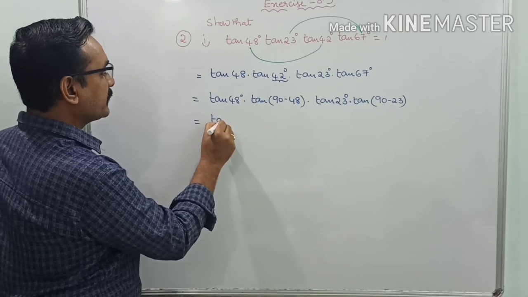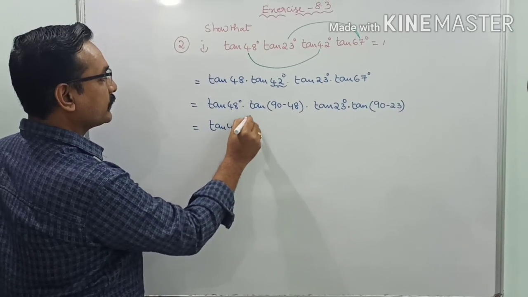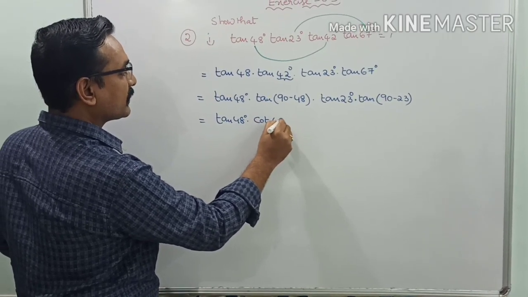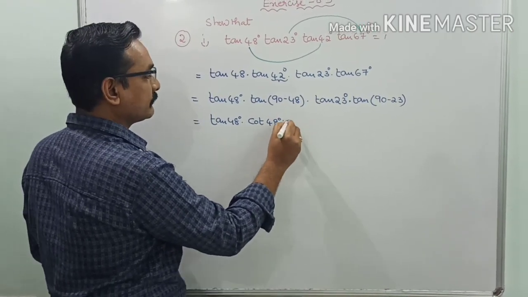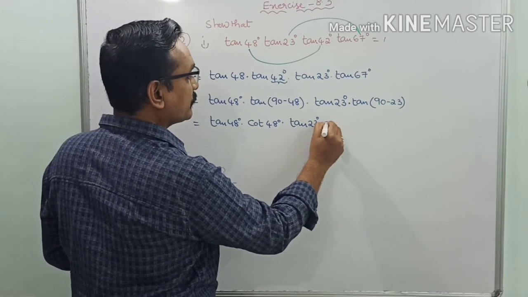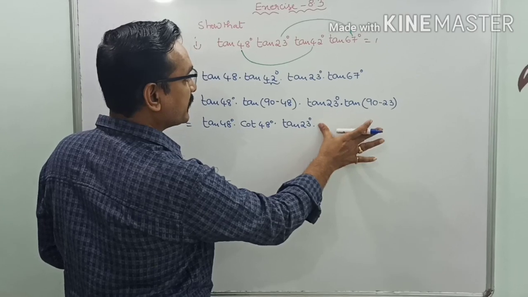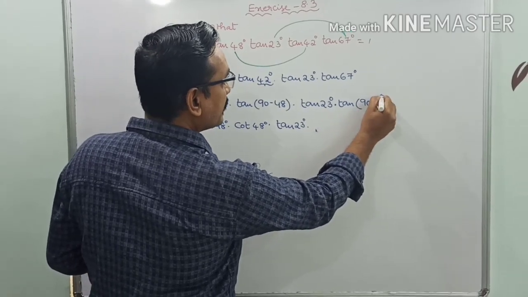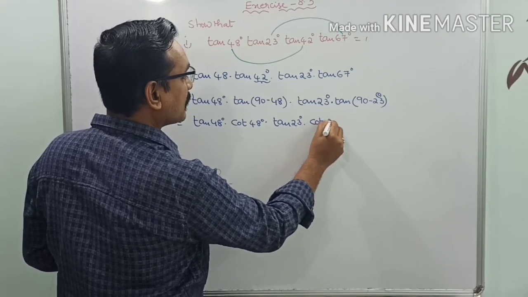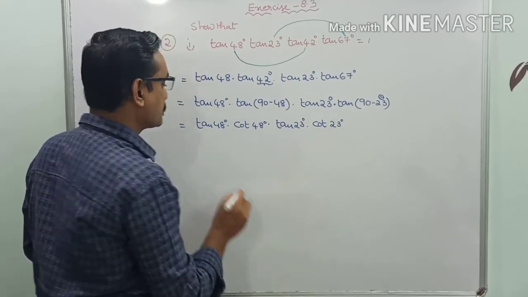Now tan 48 degrees into tan of 90 minus theta, which is cot theta, so cot 48. Into tan 23 degrees into tan of 90 minus theta, which is cot theta; here theta is 23, so we write cot 23 degrees.